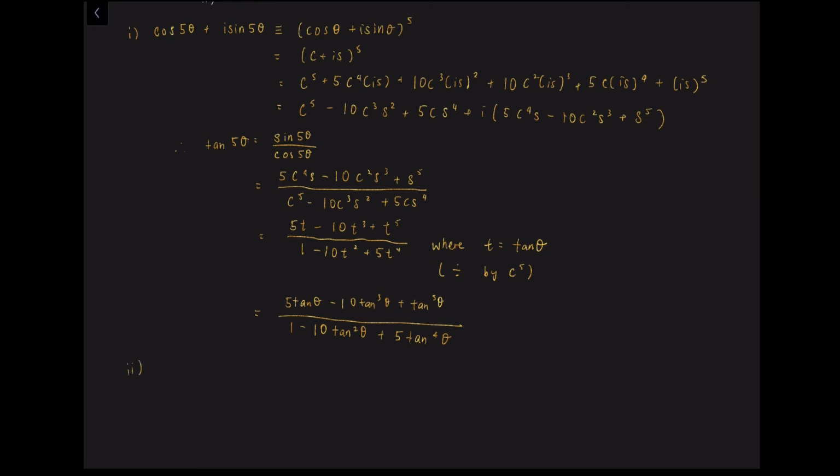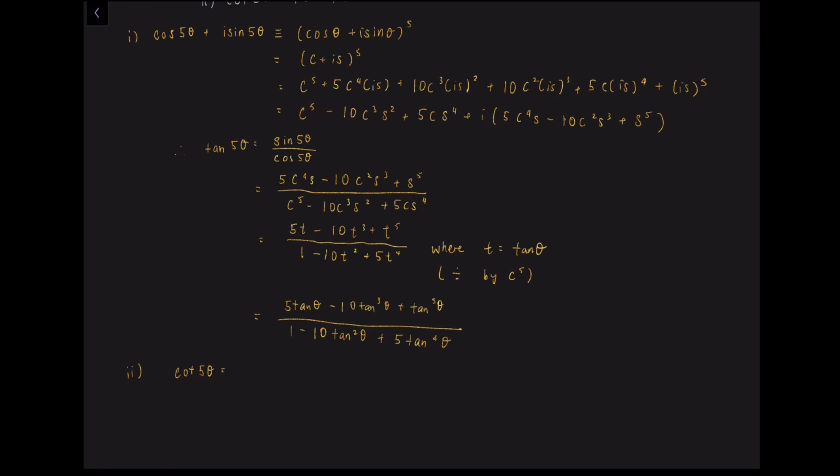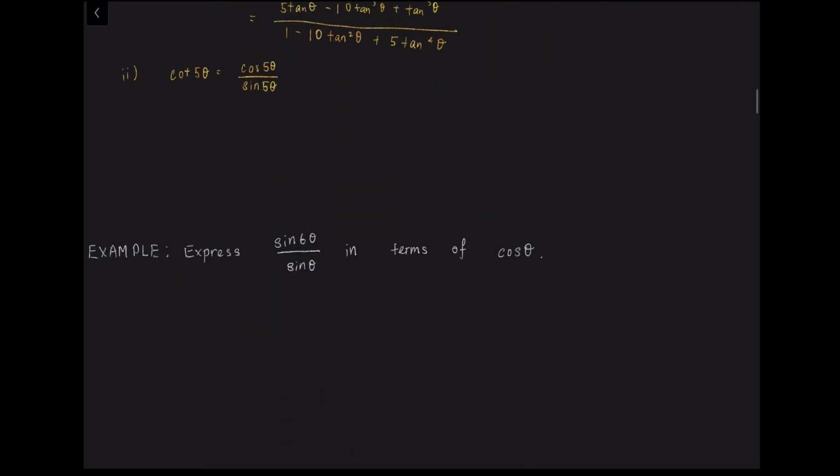For the cotangent 5 theta, we know that it's equivalent to cos 5 theta over sin 5 theta. And cos 5 theta is the real part, sin 5 theta is the imaginary part that we have expanded just now. And we will have this fraction.